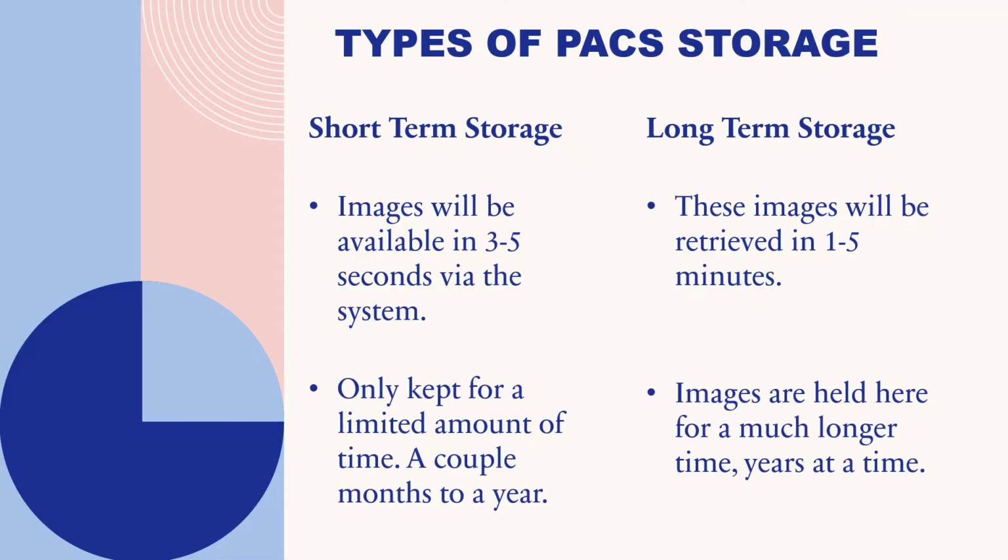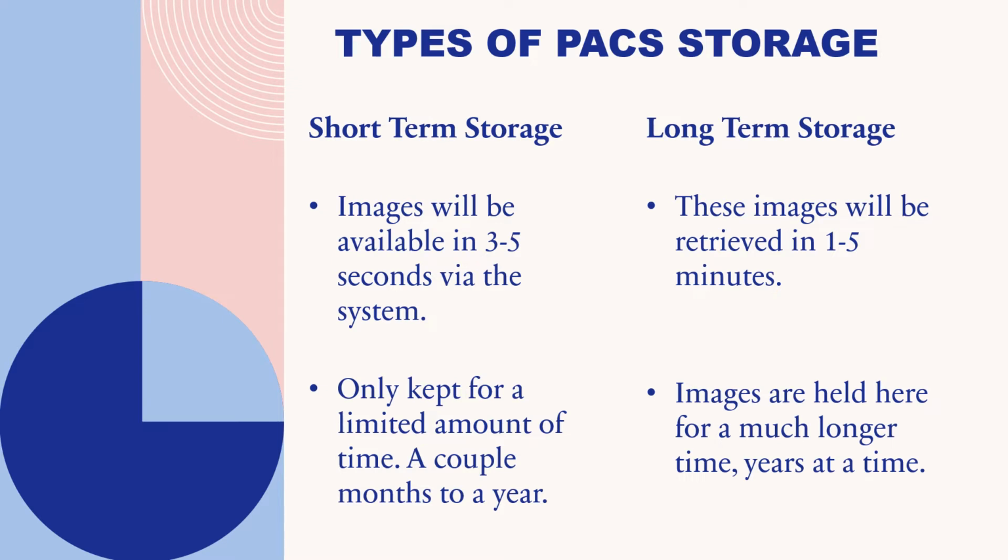There are different types of PAC storage. There is short-term storage as well as long-term storage. The short-term storage will allow images to be pulled up in about 3 to 5 seconds through the system, but they're only kept around for maybe a couple months to a year.